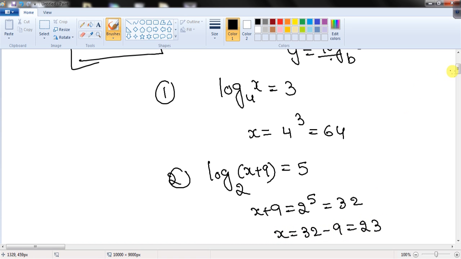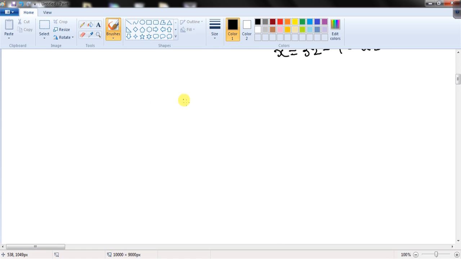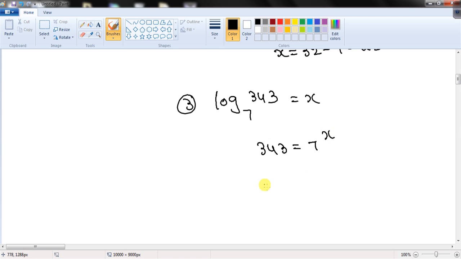Therefore 23 is the answer. The third one is log 343 base 7 is x. So 343 can be written as 7 power x, so 343 is 7 cube, 7 cube is 7 power x, therefore x is 3.